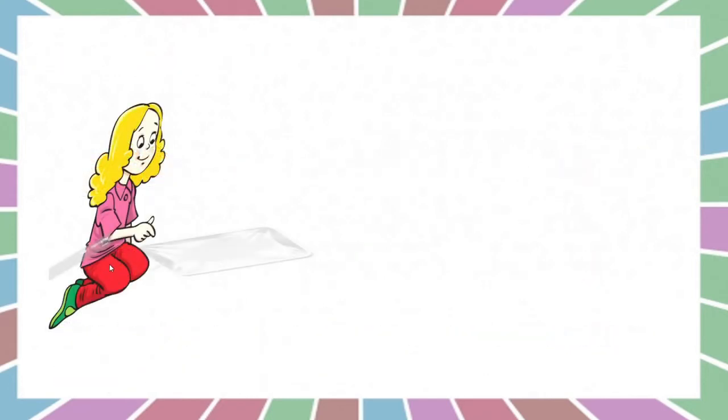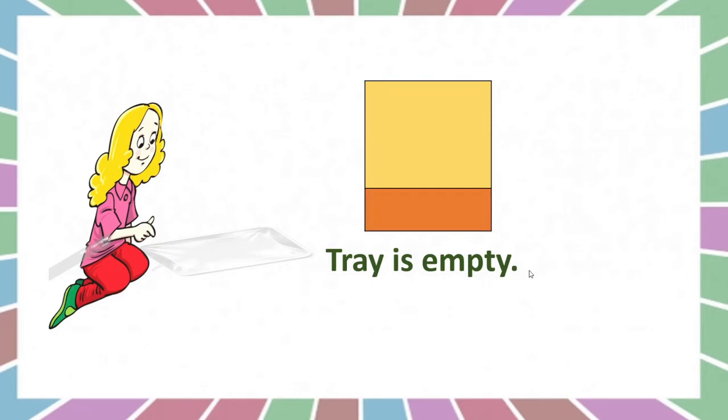Here you can see Meena and a tray which is empty, isn't it? Okay, now here tray is empty. So we will make a table and we will write 0 here. You know what is the meaning of 0, right? Nothing, correct? 0. Now let us see what Meena is going to do. Okay, Meena is keeping laddus on the tray. This is 1, 2, 3, 4 and 5, right?